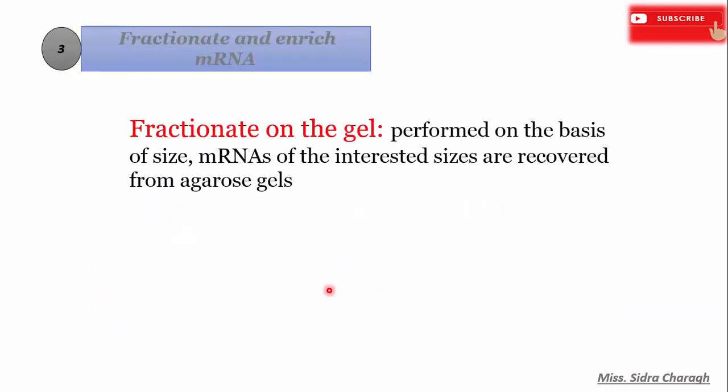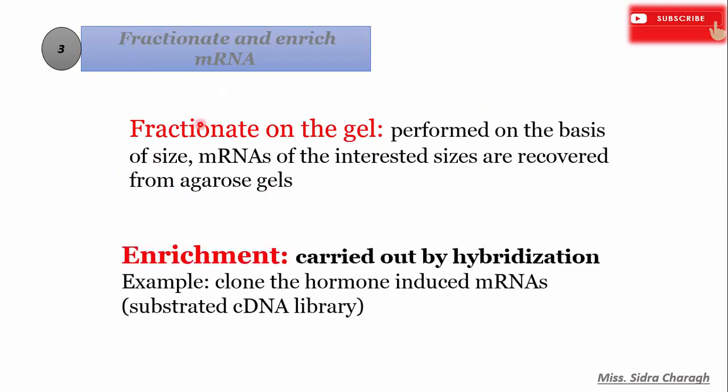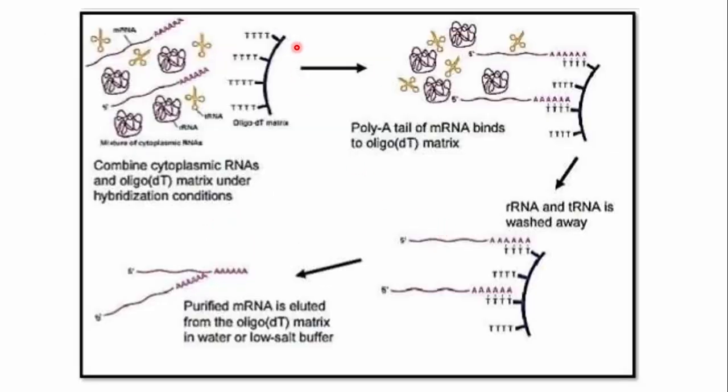Next is fractionation and enrichment of messenger RNA. Fractionation is performed on the basis of size, and messenger RNA of interested size, and then we recover them from agarose gel, while enrichment is carried out by hybridization. Here is our messenger RNA having a poly A tail, and these are transfer RNAs, and these circular ones are ribosomal RNA.